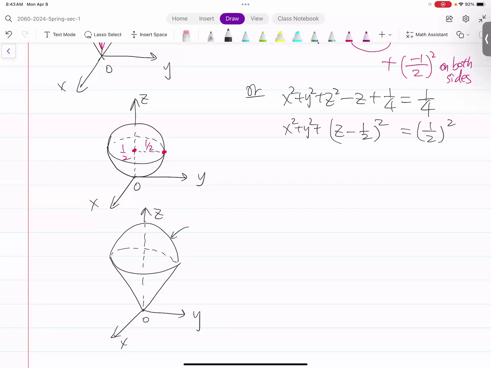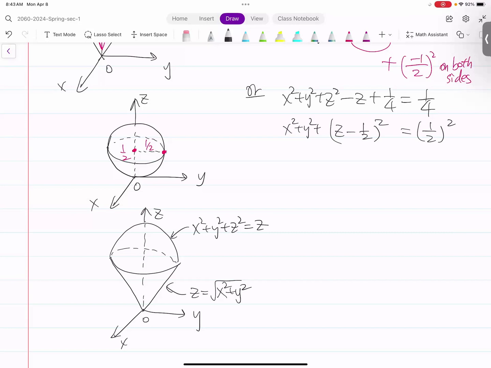So on the top we have the sphere once again, on the bottom we have the cone. So that's the illustration of the figure.